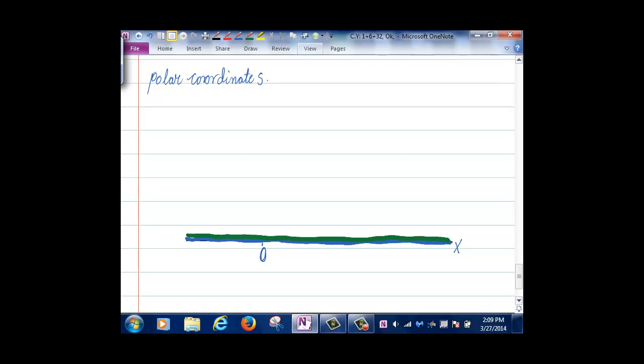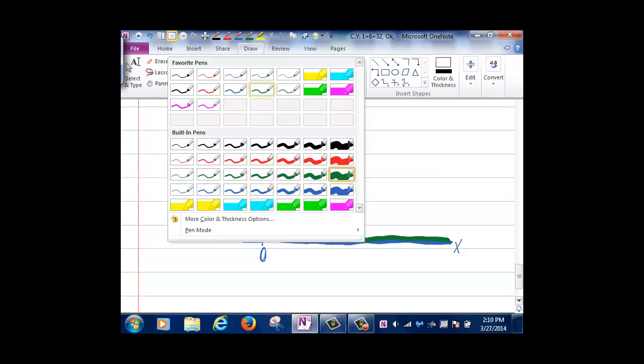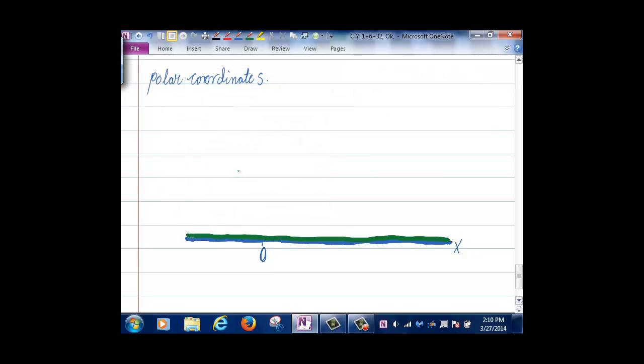And so let's say now I have a point P, and the point P is, let's say, right here. Okay? And I want to know what the polar coordinates of this point are. Well, your polar axis, the green one, right now it's on top of the x-axis.